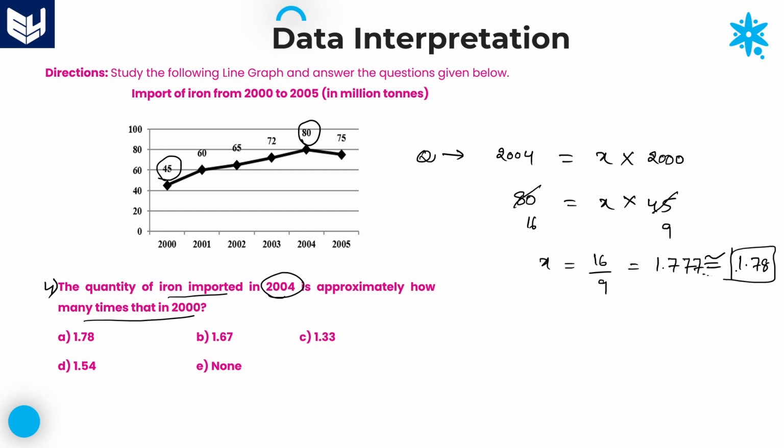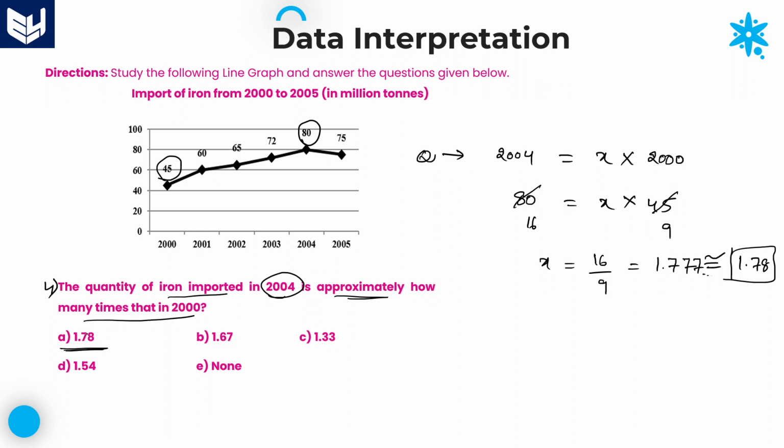According to the options you need to take the answer. Here he is asking us to calculate the approximate answer. We don't want the exact result, 1.777, like that you are getting the result. According to the options, if you look at option A, it is 1.78.